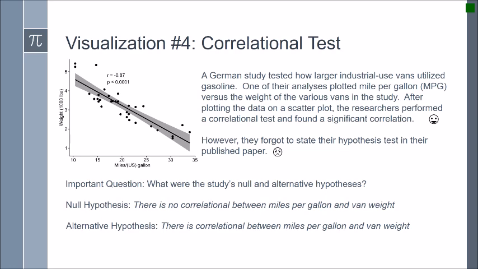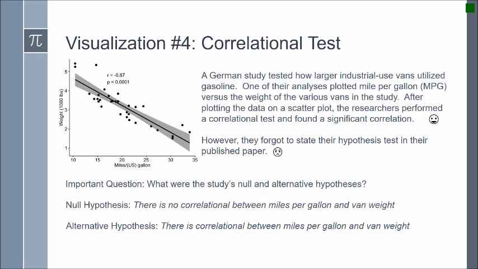After plotting the data on a scatter plot, the researchers performed a correlational test and found a significant correlation. However, they forgot to state their hypothesis test in their published paper. So, a question is, what were the study's null and alternative hypotheses?